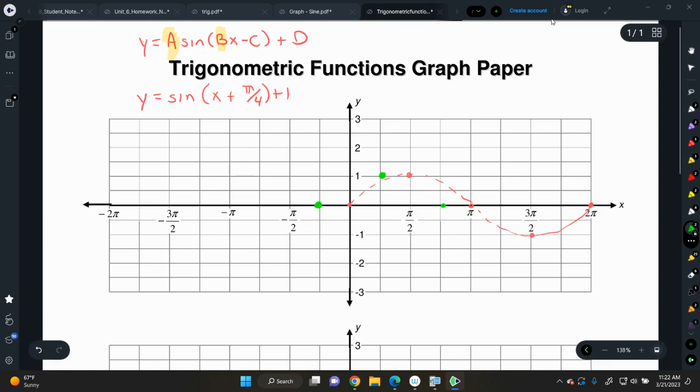It's the same thing we did with our graph transformations. This green curve, we're not finished, right? The green one is y equals sine of x plus pi over 4. For my final curve, now I need to shift it up 1. So I'm going to take every point and move it up 1 from the green line.